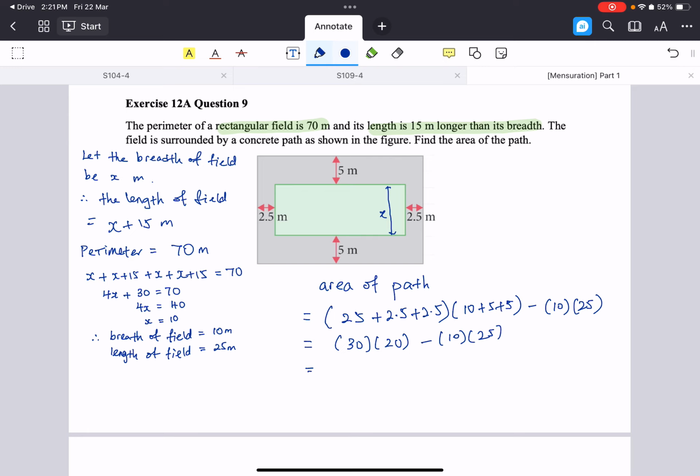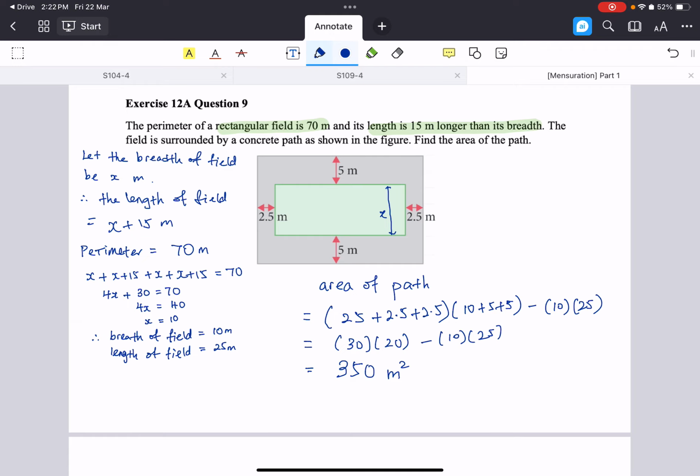So 30 times 20 minus 10 times 25. And that gives us the result of 350 square meters. So that's how we can work out this first question.